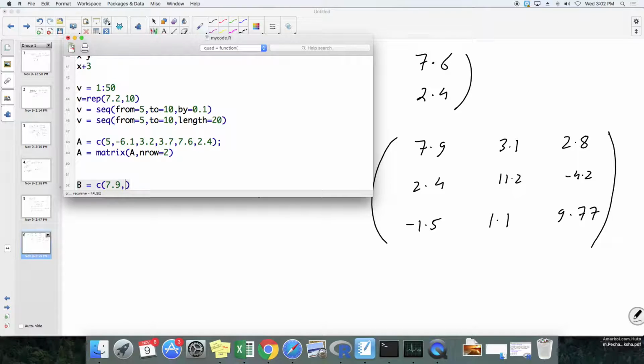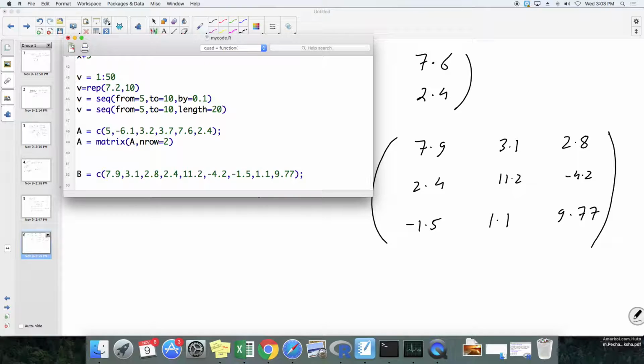So instead of entering column by column, let me enter row by row. So I'll first enter the first row 7.9, 3.1, 2.8, 2.4, 11.2, minus 4.2, minus 1.5, 1.1 and 9.77.